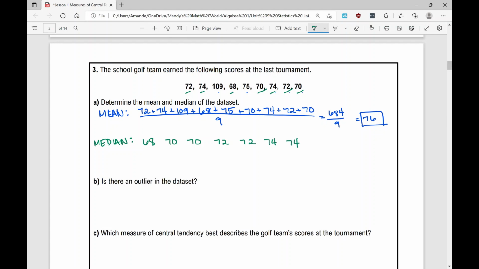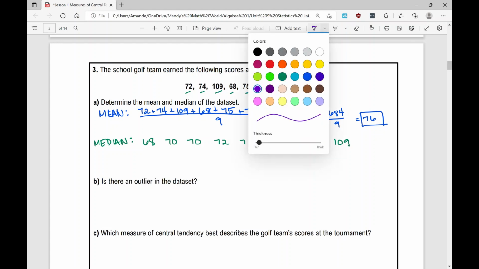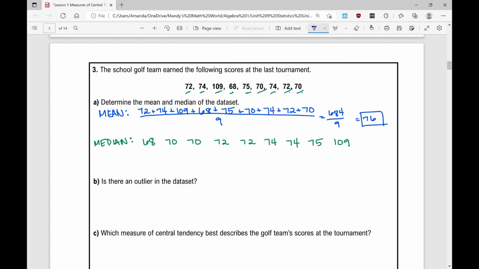Sorry about that. I have a 75, just one, and then a 109. And what I would do is, you have 9 values here. 1, 2, 3, 4, 5, 6, 7, 8, 9. I would make sure that you've listed out 9 values because it's really easy to make a mistake when you're doing all the arithmetic yourself.